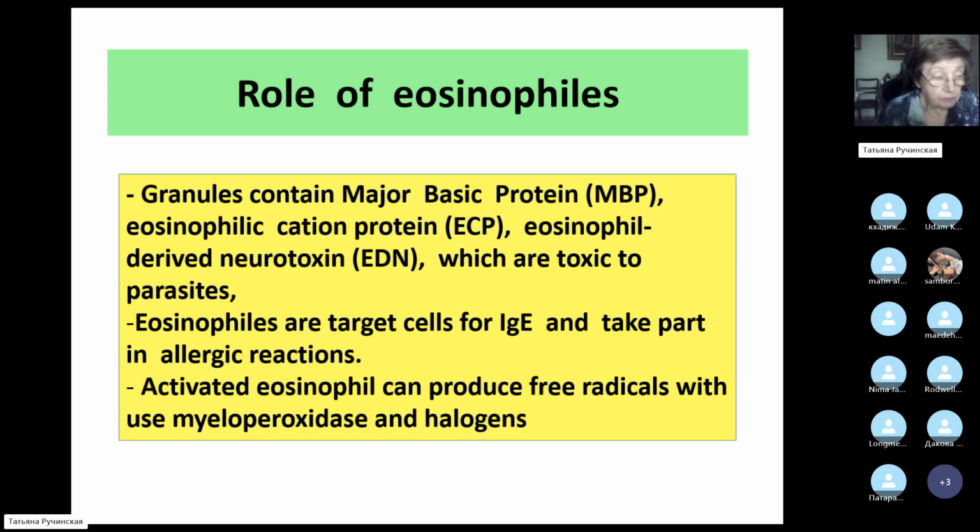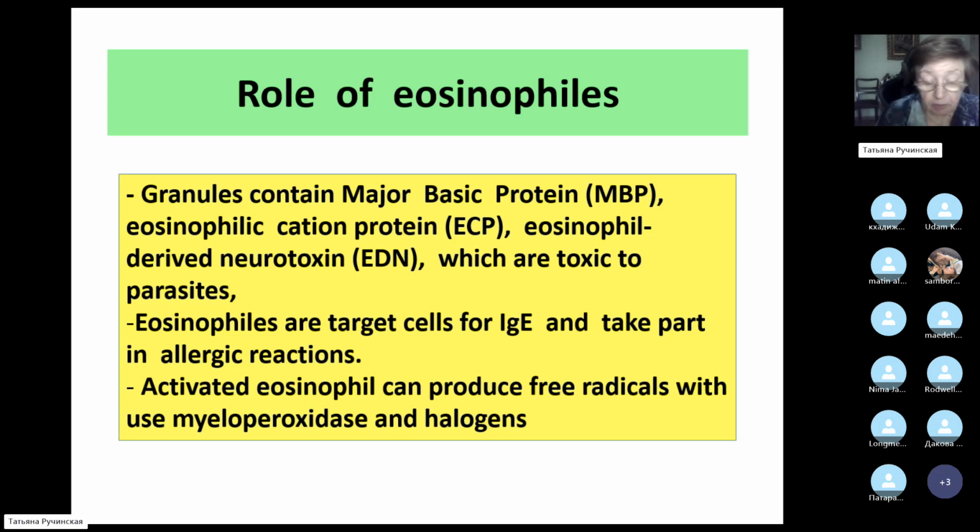And another one, eosinophils have not only bad mediators, which can be released after an allergic reaction, but also good mediators, for example histaminase, which can break down histamine, and the time period of allergic reaction decreases.